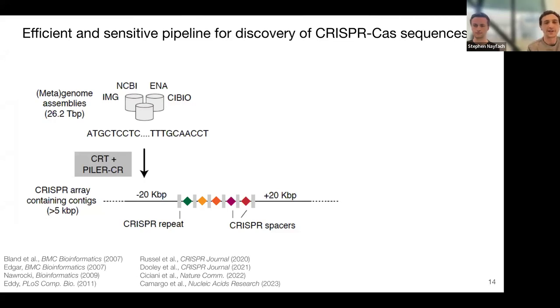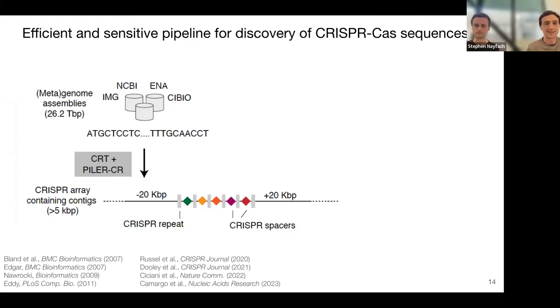But to really efficiently mine this vast corpus of data, we implemented a few heuristics. The first was to simply throw away sequences that were very short. The second was to only focus on sequences that contain a CRISPR array.